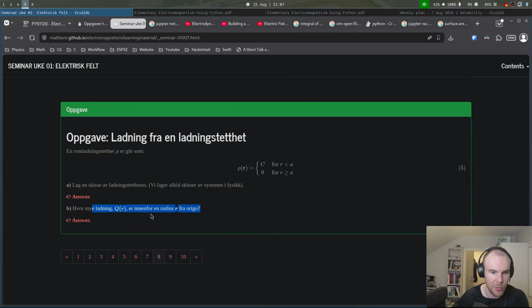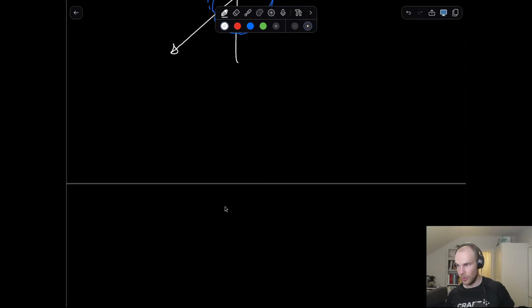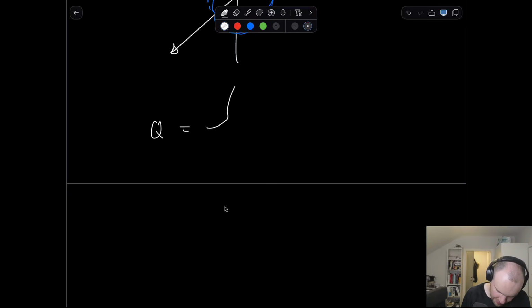How much charge is inside a radius r from the origin? If it's uniform throughout, you can think of Q as a piecewise function.